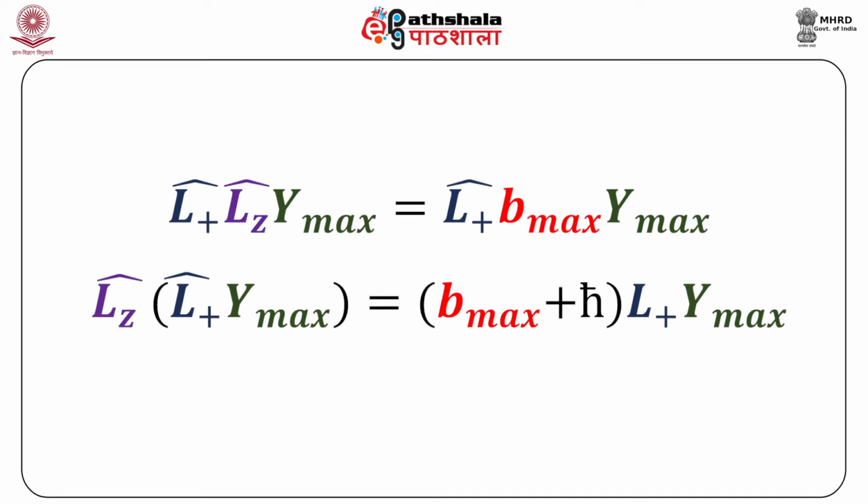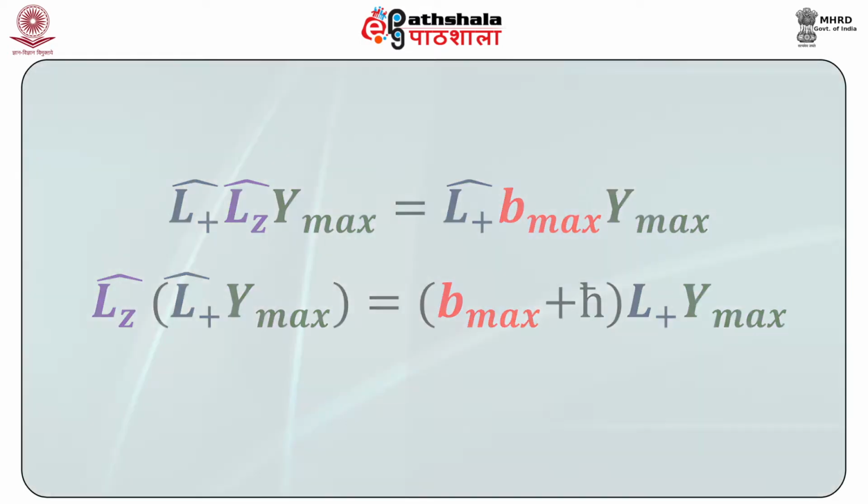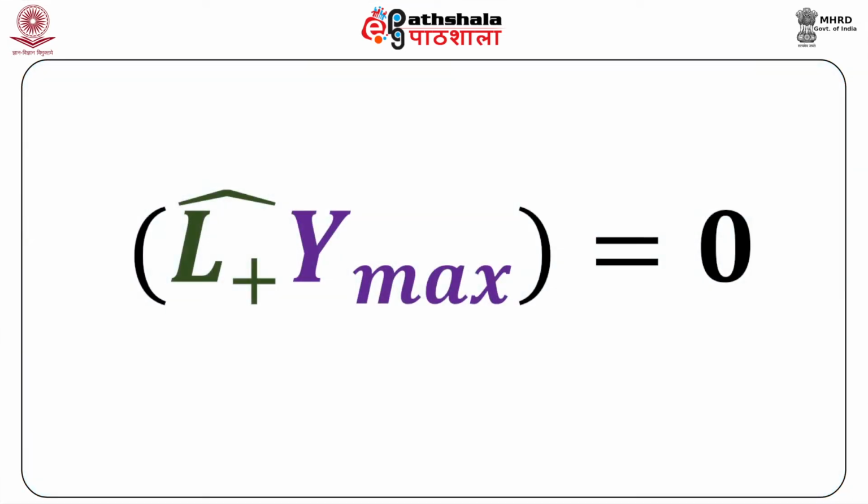This further can be simplified as Lz L plus ψmax equals Bmax plus ħ times L plus ψmax. This eigenvalue, obtained by application of the raising operator, is found to be ħ higher than Bmax, which is contradicting, as we defined Bmax as the largest eigenvalue of the Lz component. Now, the only possibility in this contradiction is that the function L plus ψmax vanishes. That means L plus ψmax becomes equal to 0.